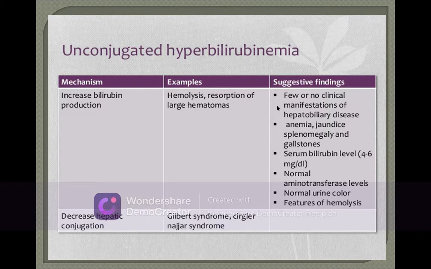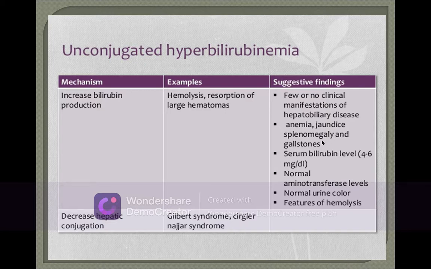Now the suggestive findings in these cases: few or no clinical manifestations of hepatobiliary disease. Secondly, there may be anemia because of the increased turnover, jaundice, and splenomegaly, because the RE cells should function highly, so hyperplasia will be there in the spleen.